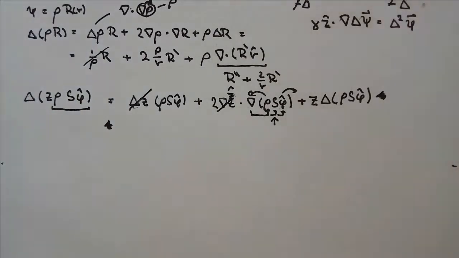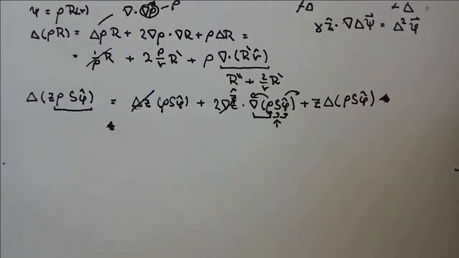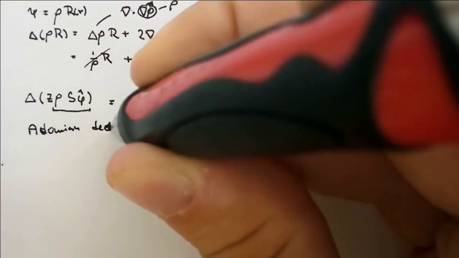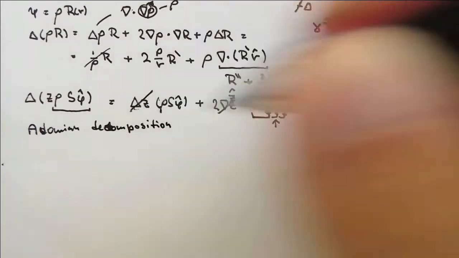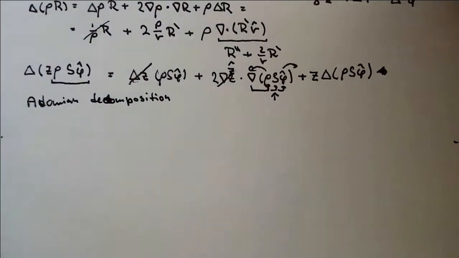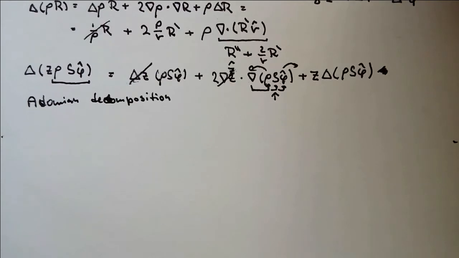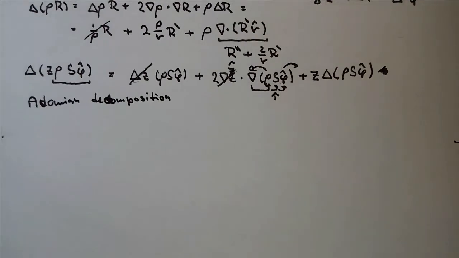The method is called Adomian decomposition. Many of you have already maybe used this method, but generally this method is often called the perturbation series method.